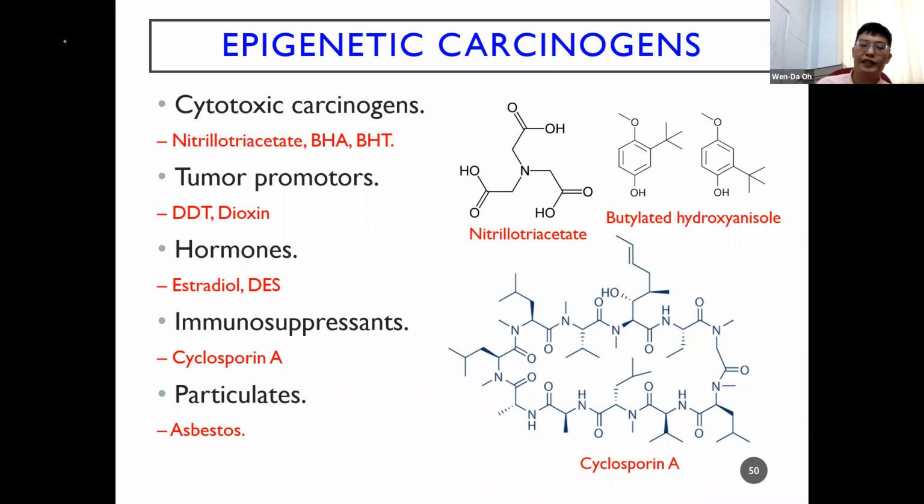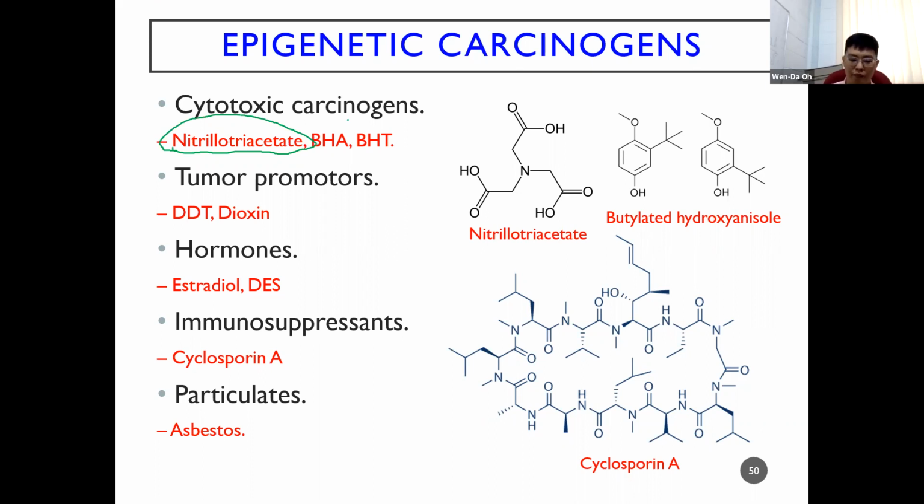So example of epigenetic carcinogen, for instance, nitrilotriacetic acid, NTA. This one we looked into last week on how this can actually increase the solubility of lead in water, right? This is a chemical that was used many years ago. I think it's washing agent or maybe soap or washing powder, right?